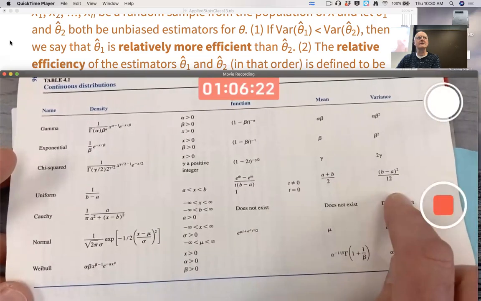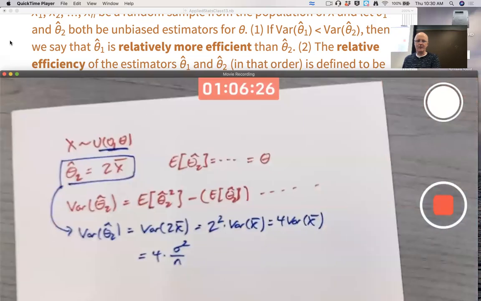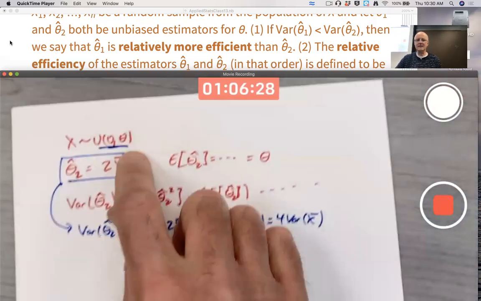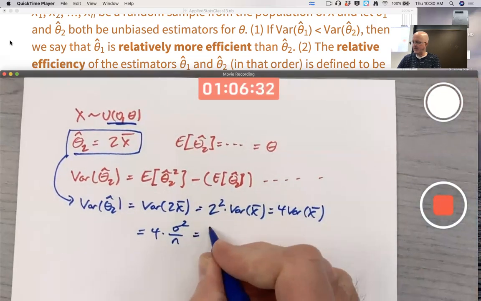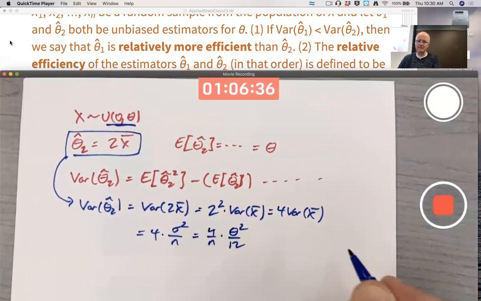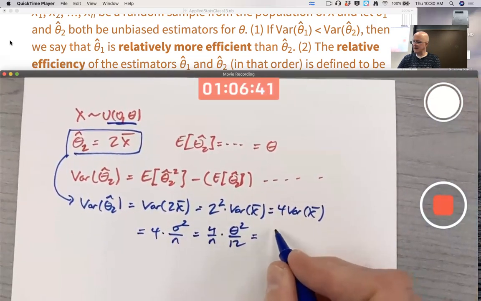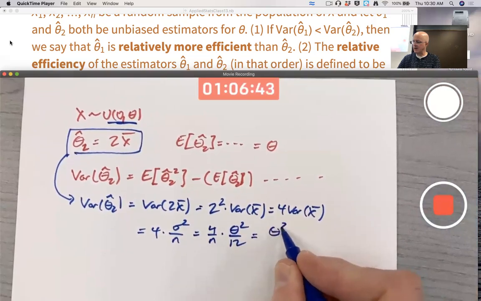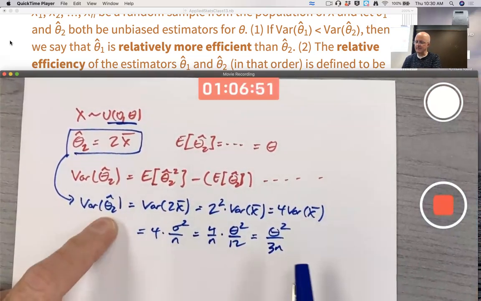The length of the interval squared divided by 12. What is the length of this interval? It's theta. So it's theta squared divided by 12. That simplifies here to theta squared over 3n. So that's the variance of this estimator.